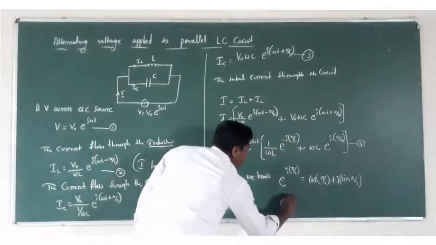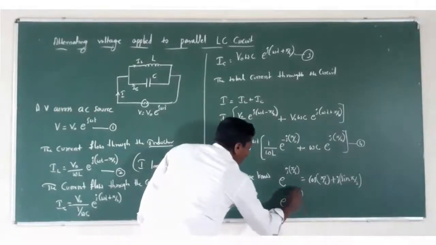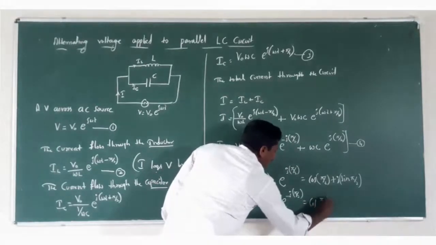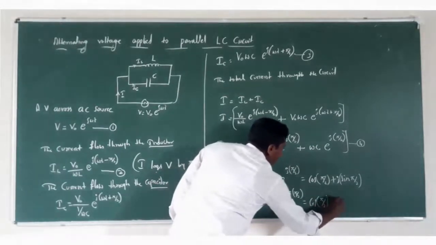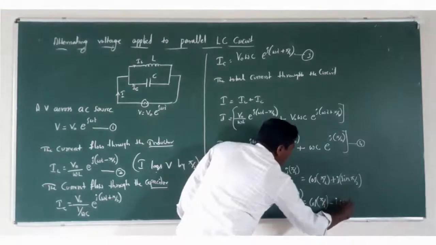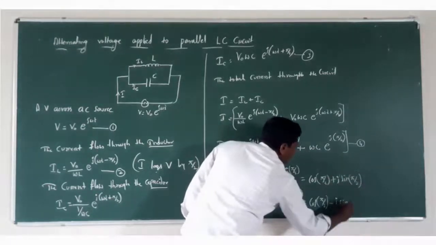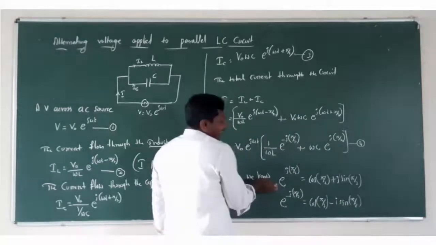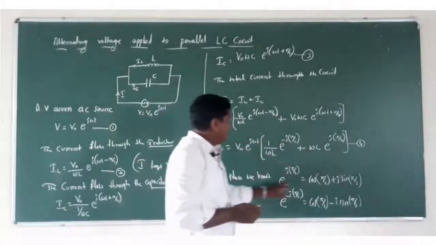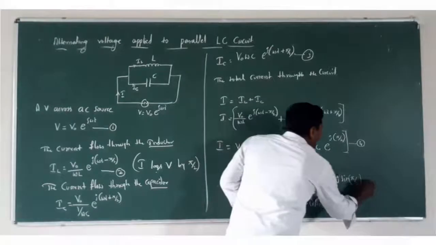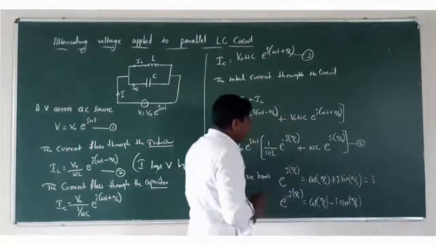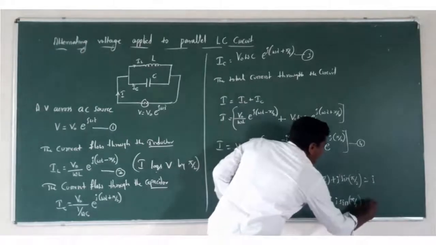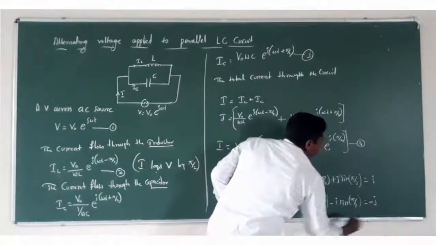Similarly, e raised to minus j pi by 2 can be written as cos of pi by 2 minus j into sin of pi by 2. Here e raised to j pi by 2 has the value j in the J operator method, and e raised to minus j pi by 2 can be written as minus j.